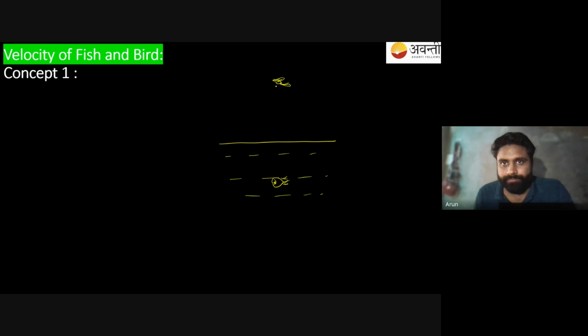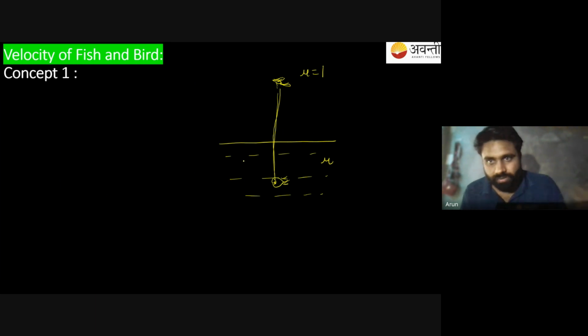Now if I join them by a vertical line, so concept one: when the fish is observing the bird, the fish is in the medium of refractive index mu, let's say, and the bird is in air. So if you apply the knowledge of the previous concept here, the object is in a rare medium, so it would appear somehow at a greater distance.